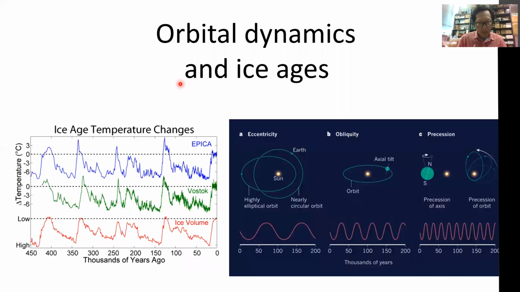So just some background, why do we have these ice ages? First, I'm going to show you the record. This is some estimates of temperature through the last 400,000 years. And this is determined by drilling ice cores in Greenland or Antarctica.